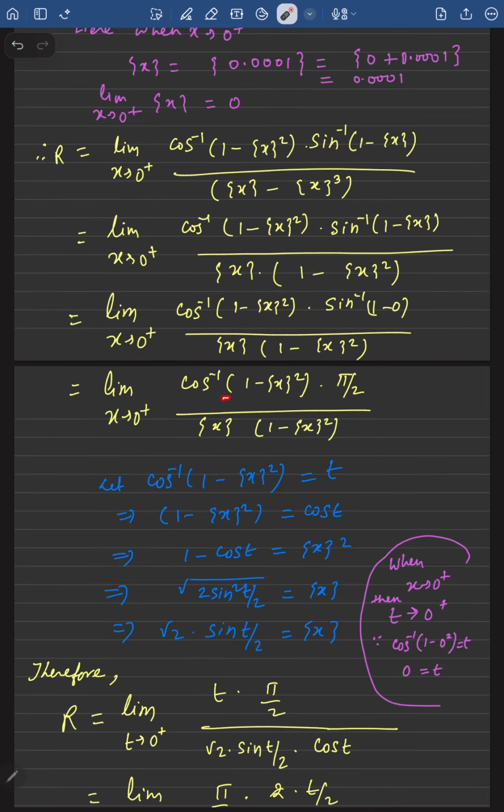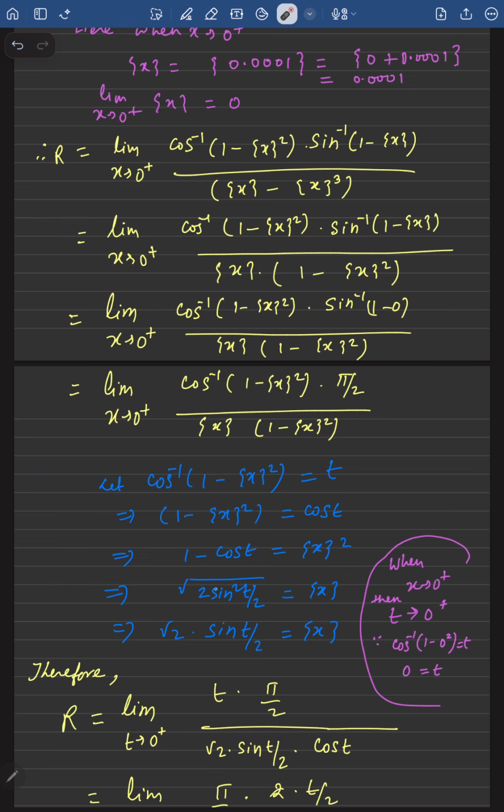What we will do, we will let this whole expression be t. So cos inverse of (1 minus fractional part of x square) equals t. 1 minus fractional part of x square equals cos t, therefore cos inverse cos t. So 1 minus cos t is the fractional part of x square. This gives you square root of 2 sin square t by 2, and this is the fractional part of x.